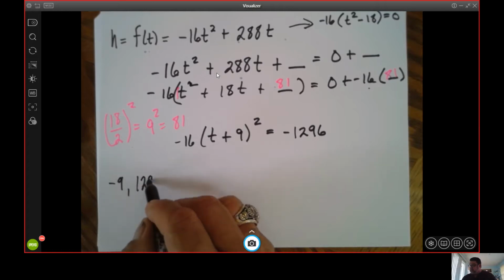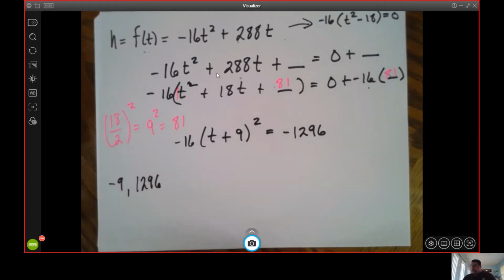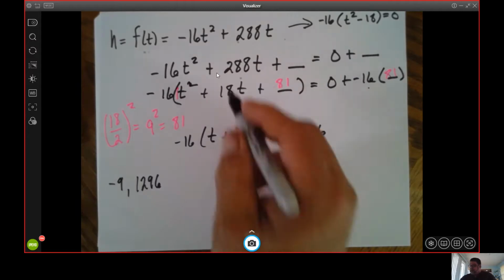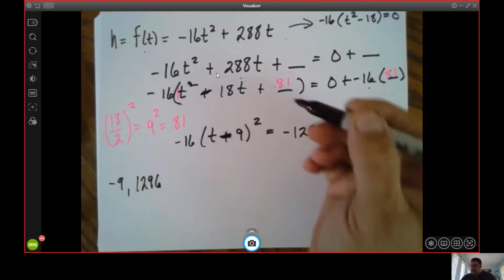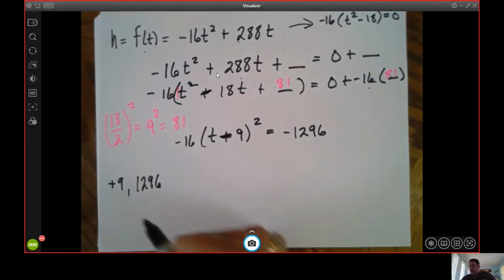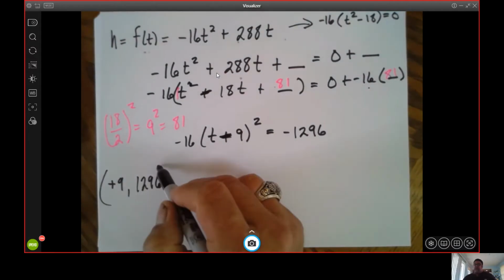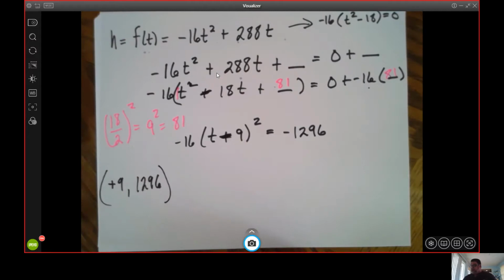Okay, something tells me that's not right. There's supposed to be a negative right here, and that would be a positive. How did I know that wasn't right? Because when you're throwing a ball, your horizontal is not going to be negative distance. That's how I knew something was wrong.